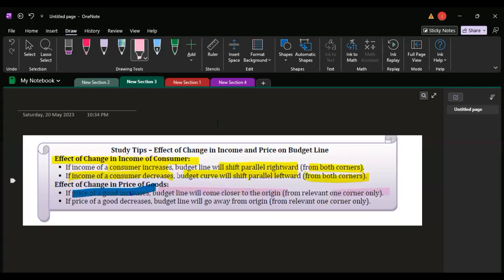Similarly, the vice versa case applies. When the price of the good decreases, the budget line will go away from the origin because the consumer will consume more quantity of the product whose price has been decreased.